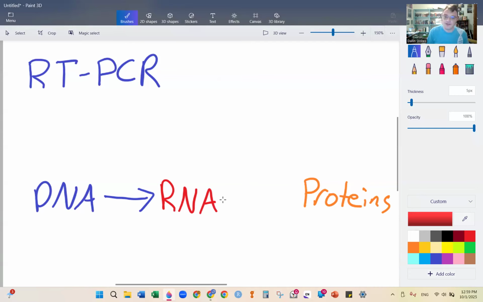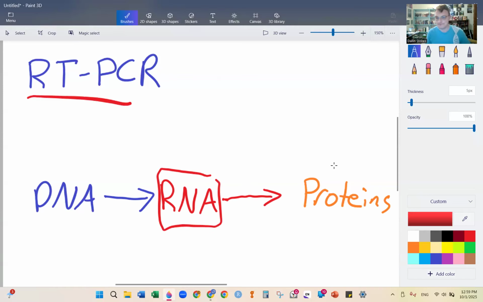So then the factories that build proteins that we'll learn about in week 5 read the RNA to build proteins. Now, the reason why I bring this up is because RNA is important for RT-PCR.